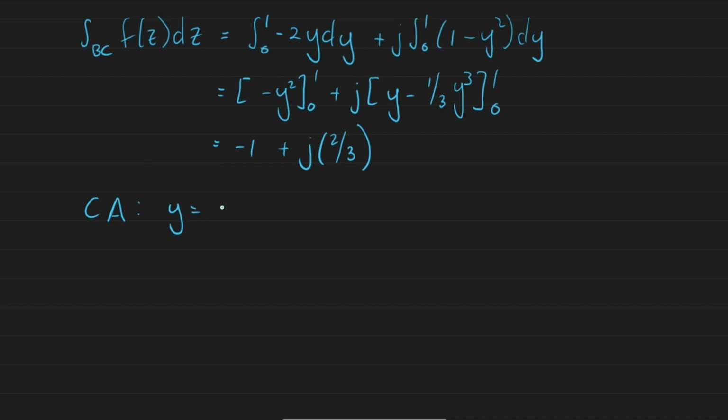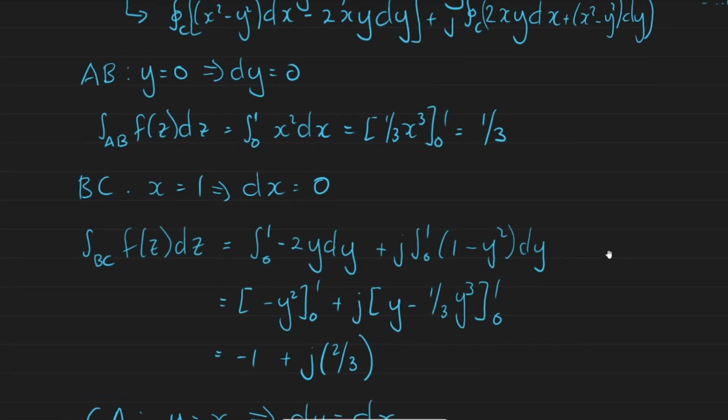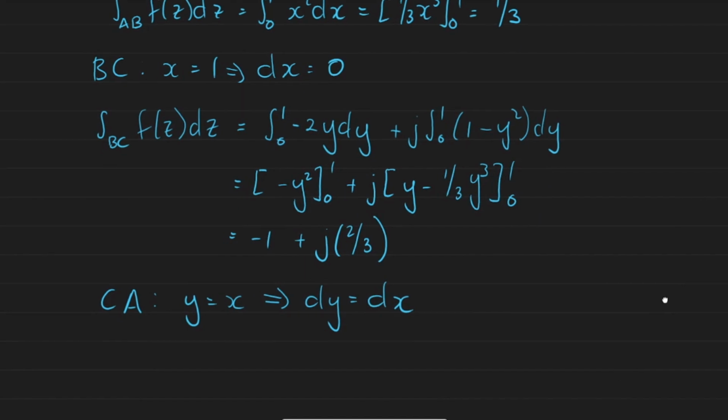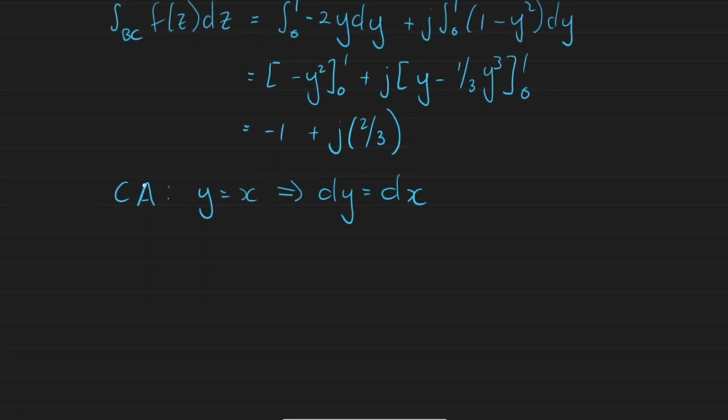So y is equal to x, then that means that dy is equal to dx. So we can carry on with this expression. We substitute in dx for dy, and we substitute x in terms of y here, and we can proceed with this integration.